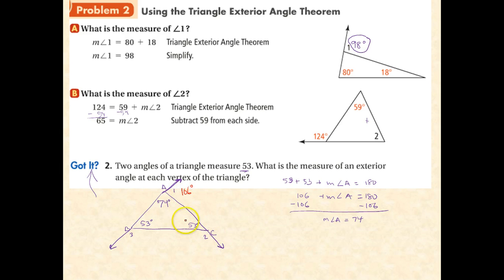The measure of angle 2 would be 74 plus 53, 127 degrees. And the measure of angle 3 would be 74 plus 53, which is 127 degrees. Cool.